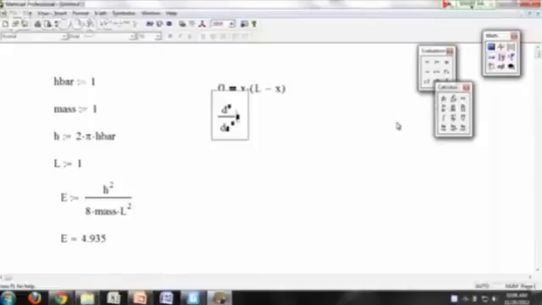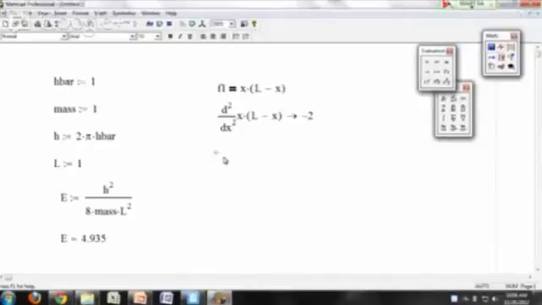So x times L minus x, take the derivative with respect to x, second derivative. That's just going to be negative 2. Okay? So that's your d2f1. This is the second derivative of f1, right?